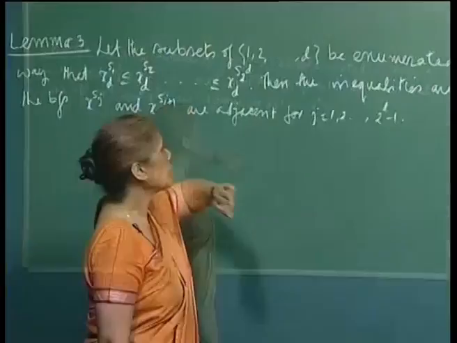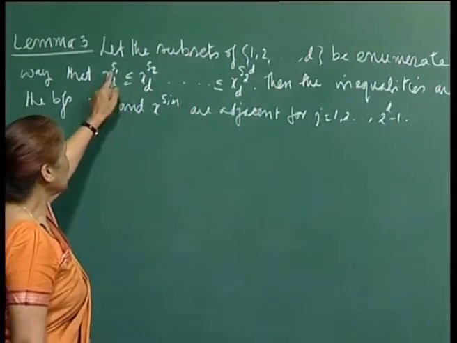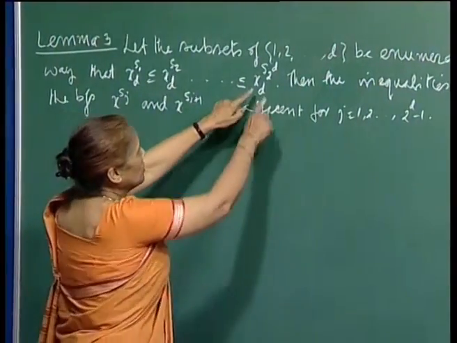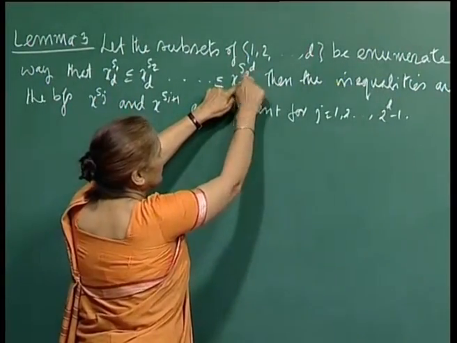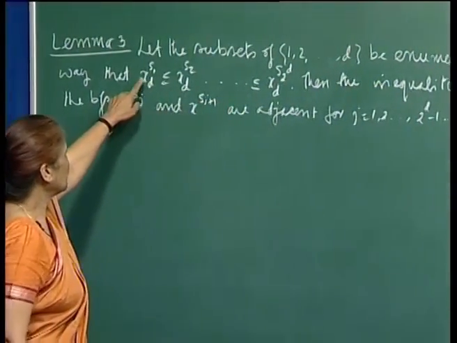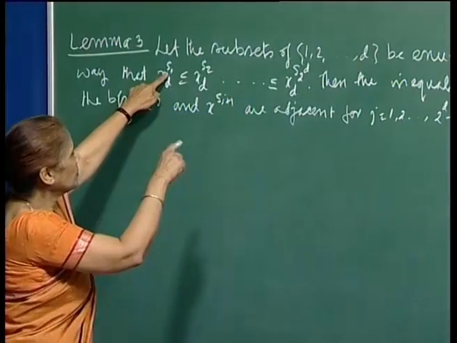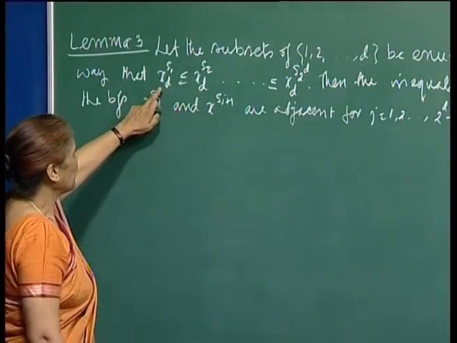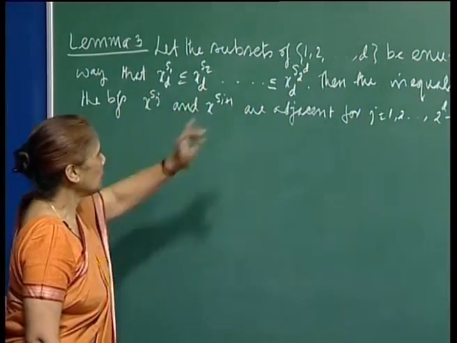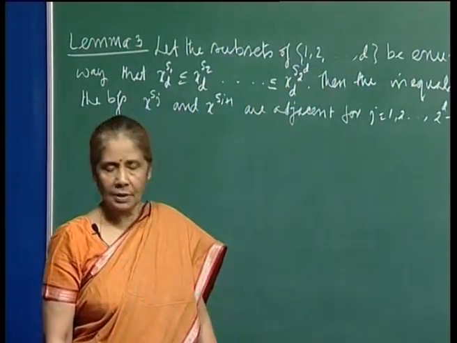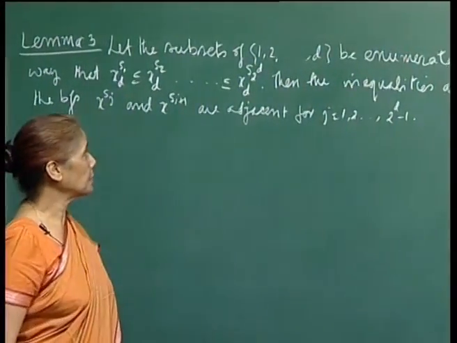Let me call them S1, S2, up to S_{2^d}. You have ordered them with respect to the value of the last component of the corresponding basic feasible solution.